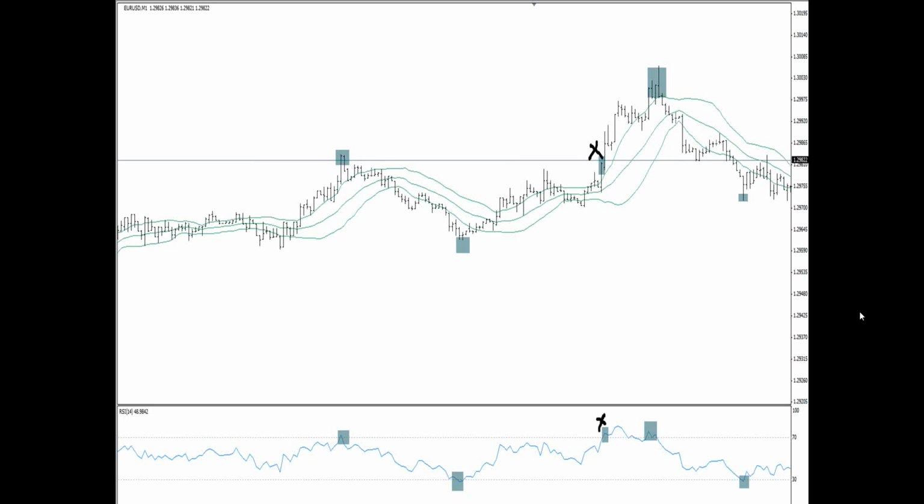For long trades, it needs to be below 30, not just touching it, and not just above. It needs to be just below or below it, as we can see in these practical examples. It's not hard. You see on those examples, it's real, but you need to be really concentrated for this kind of scalping.